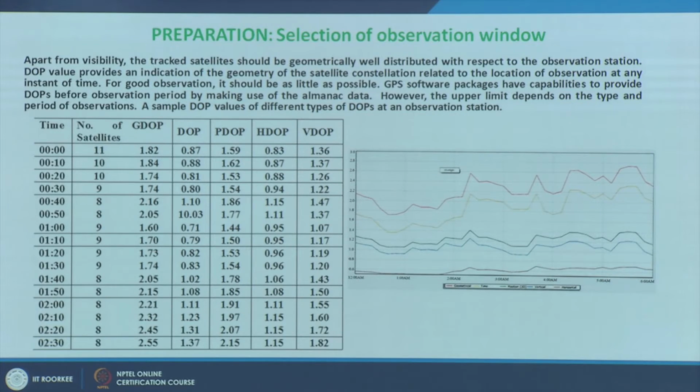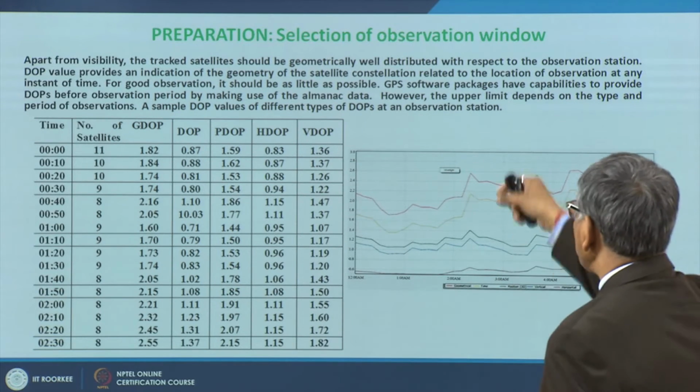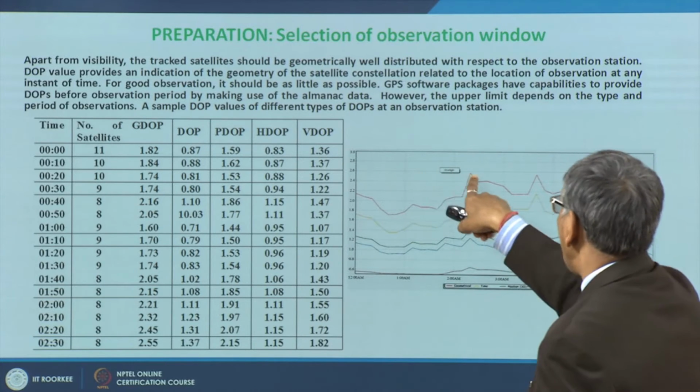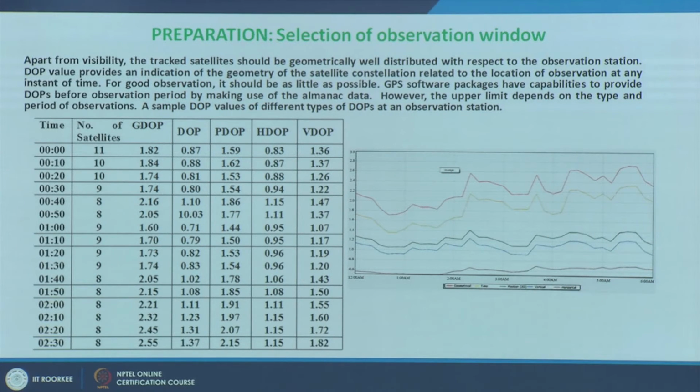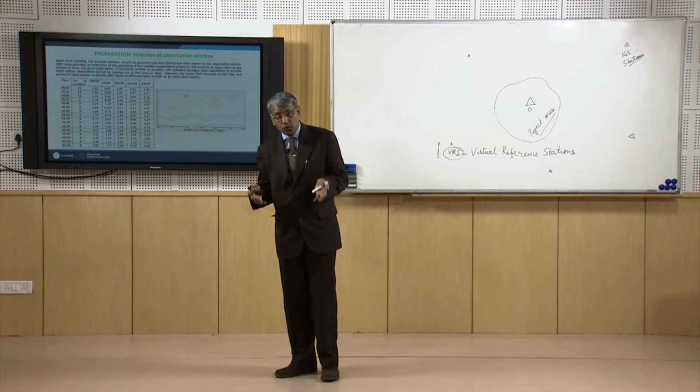You can see here the different lines, and this is the geometrical DOP value, that means GDOP. This line provides us the DOP values, and we can see that this DOP value is maximum at this point, about 2.5 or 2.6. Now, we know that the DOP value should be least.